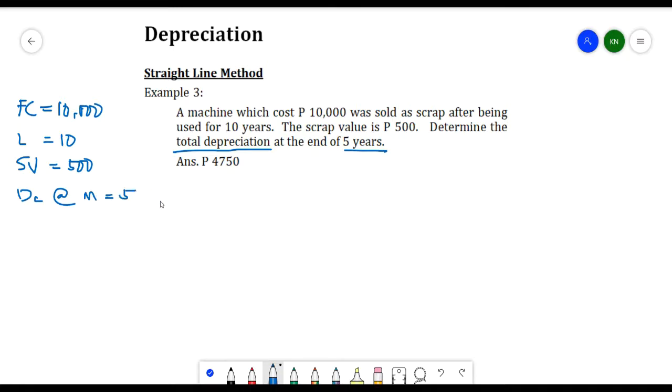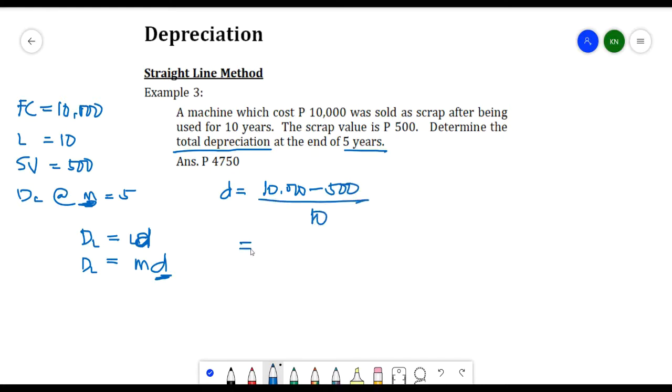In order for us to solve this one, we already know that the formula to get the DL is L times D. But since we are looking for M equal to 5, we can replace this by M times D. But we don't know the value of our D yet, so we need to solve for D first. The depreciation is equivalent to 10,000 minus our SV, which is 500, all over our L, which is 10.